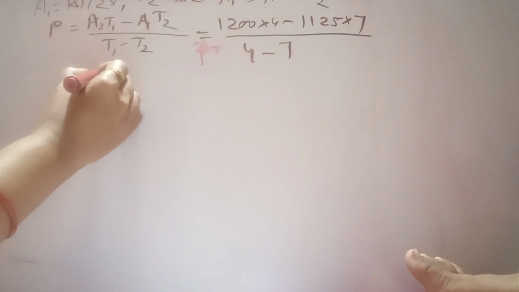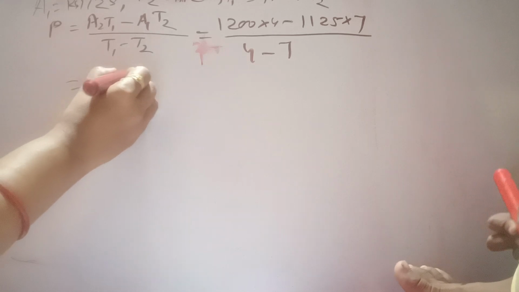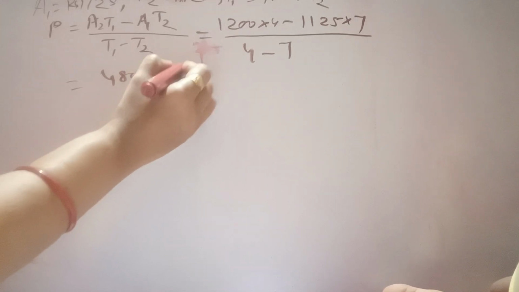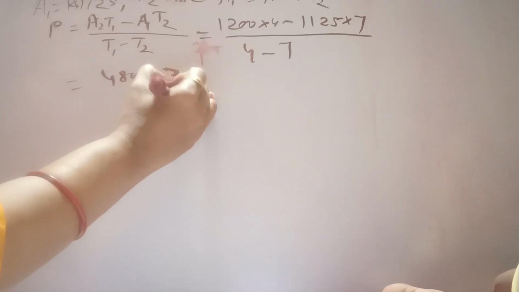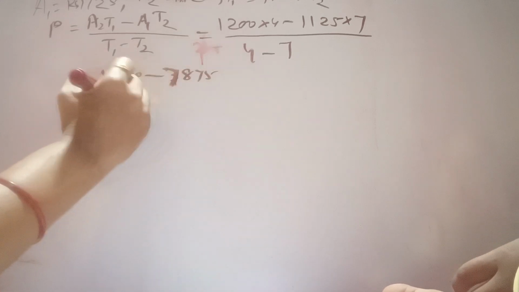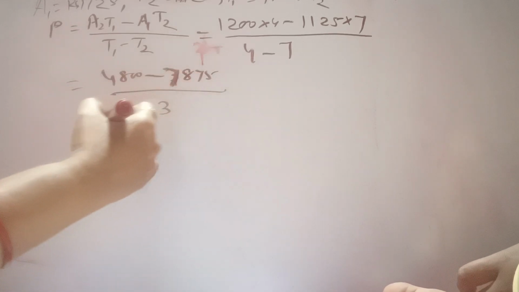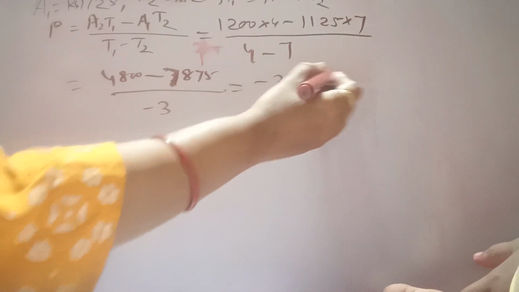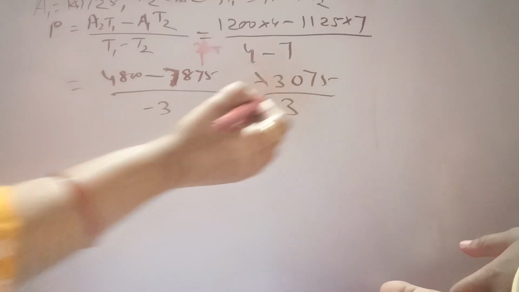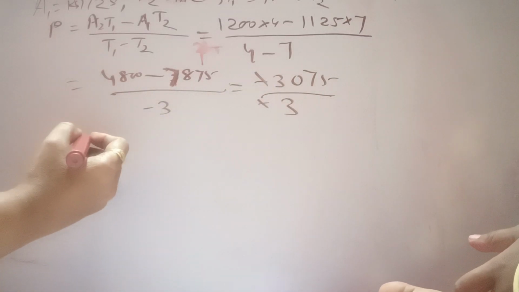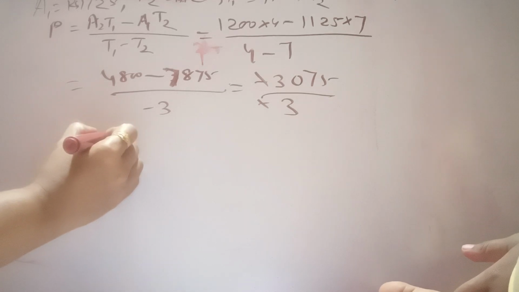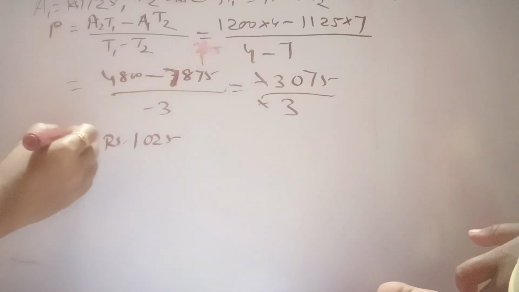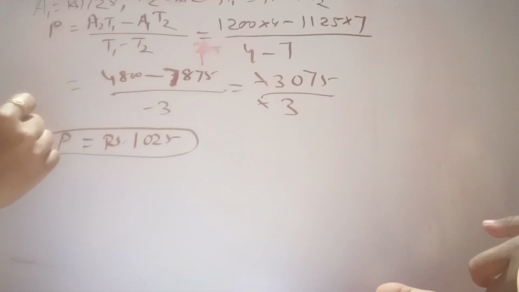So this will be 4800 minus 7875 divided by minus 3, equals minus 3075 divided by minus 3, minus minus cancel. It will be rupees 1025. So P is 1025.